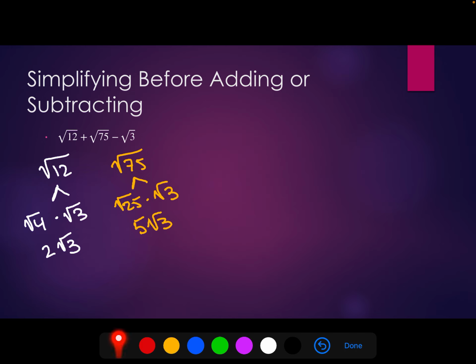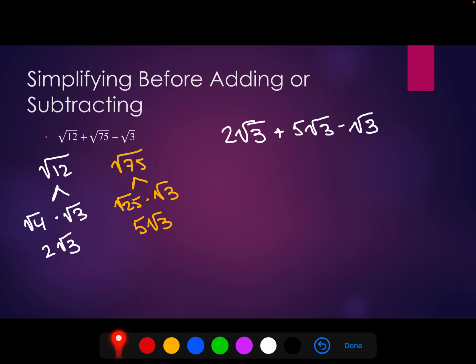We can't do anything with that. So now let's rewrite our expression. We said root 12 was equal to 2 root 3, so now we have 2 root 3 plus, we said that root 75 is equal to 5 root 3. So we have 2 root 3 plus 5 root 3 minus that root 3 that we couldn't do anything with.